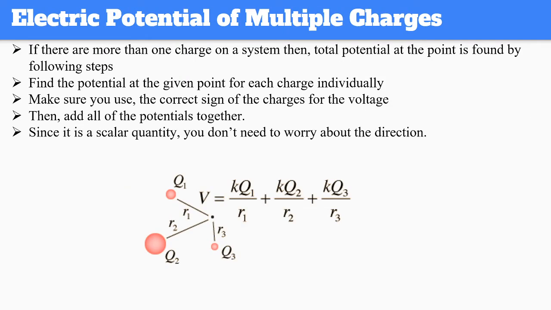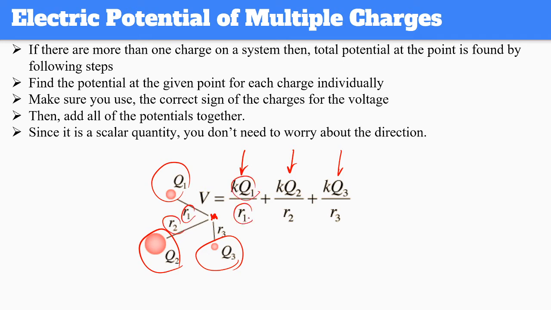Alright, so if you have more than one charge in a system, then what's going to happen? In this case, you are going to find individual potentials. Let's say you're trying to figure out the potential at this point, and you have Q1, Q2, and Q3. What you need to do is use the potential of every single one of them individually, including the individual distances and individual charges, and then add them together.